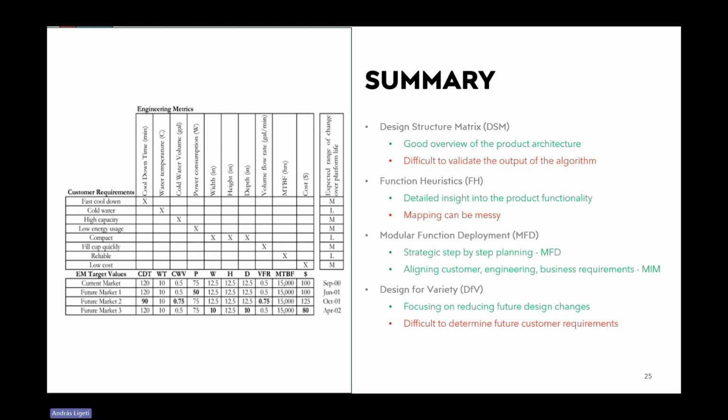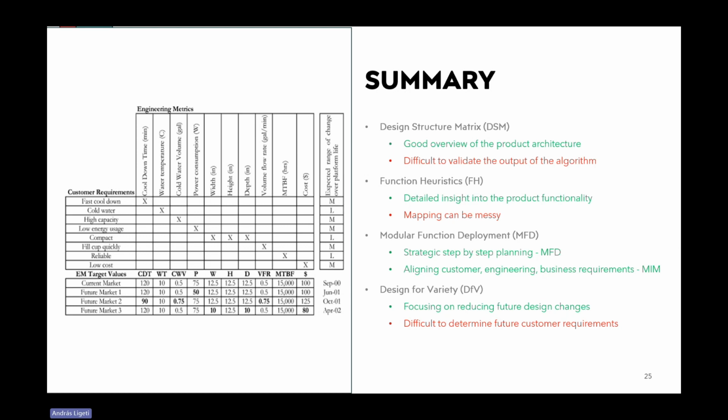And the last one was design for variety. For a lot of companies, it is quite a big struggle to release new products. So they have to focus a lot on redesigning the product. And this tool is basically aiming to reduce that. And that's quite important. But it is also quite difficult to get to know what the customer needs are for the future.